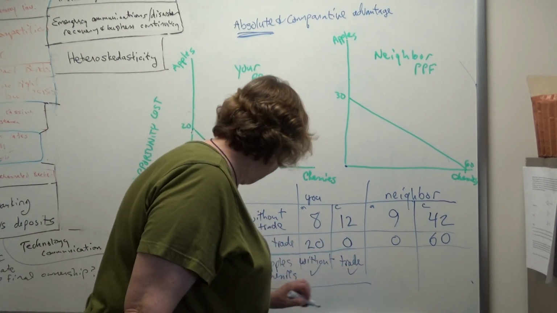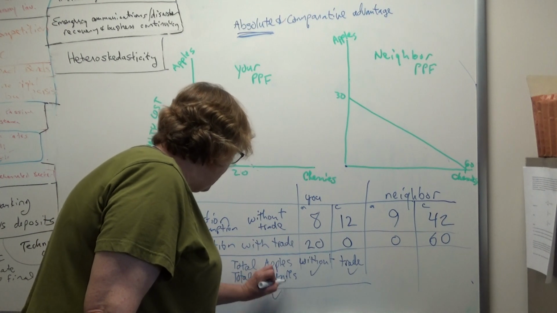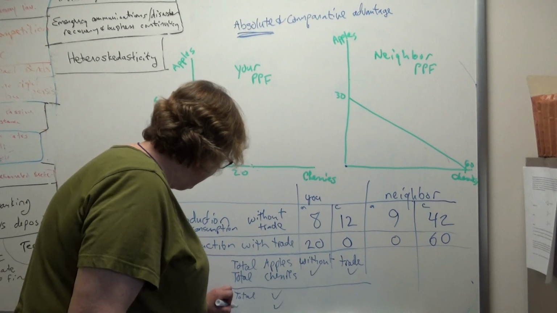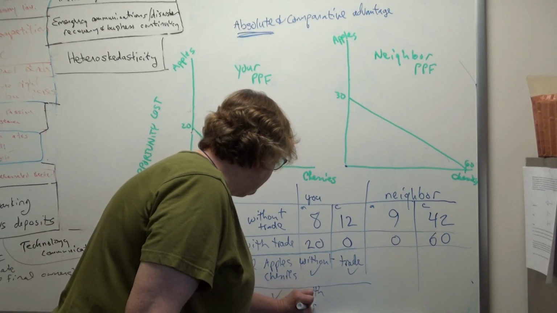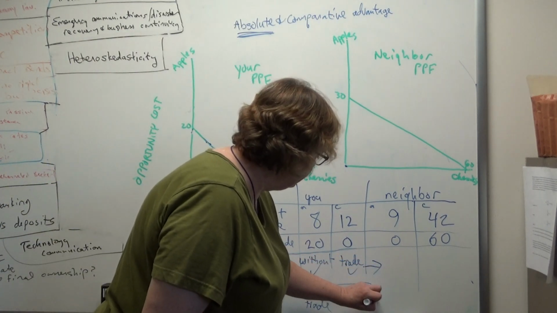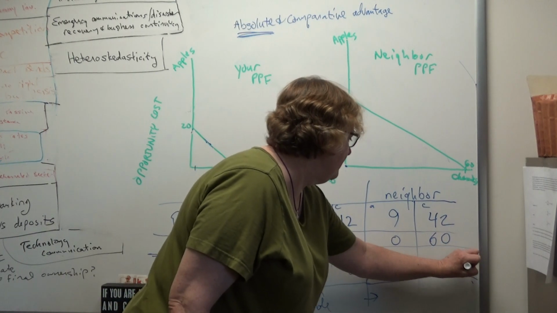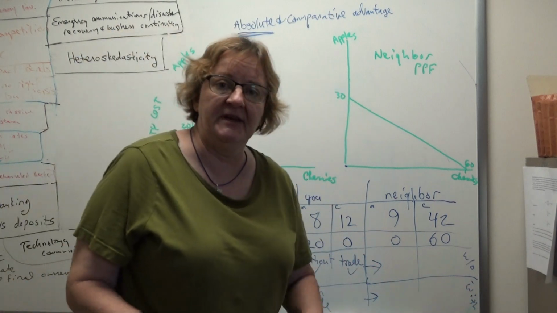And then let's look at total apples and cherries with trade, basically. Okay? So that's what we're going to do on these two lines. So this is without, W-O, and this is with. And that'll tell you that there's extra to eat.